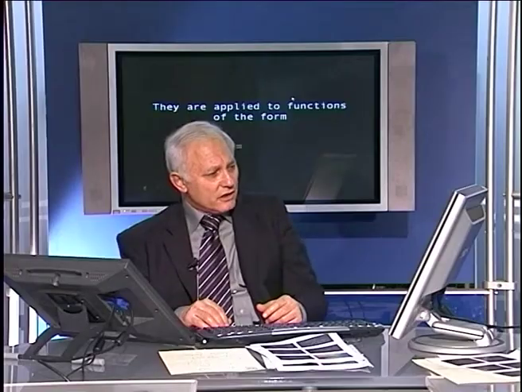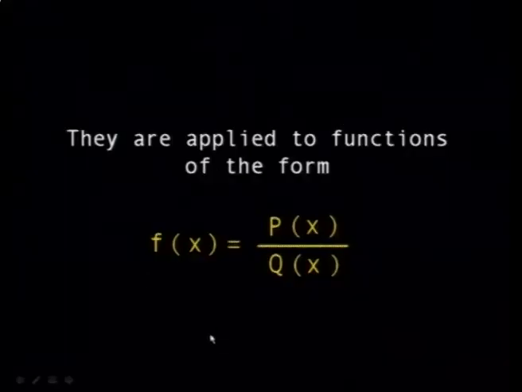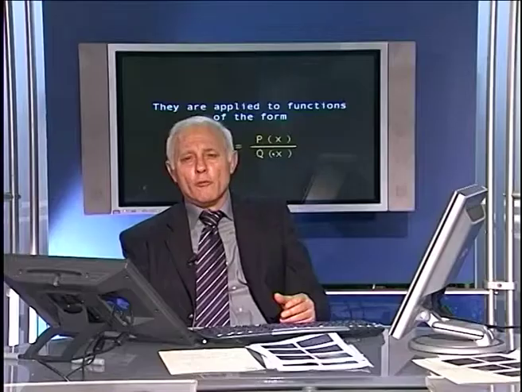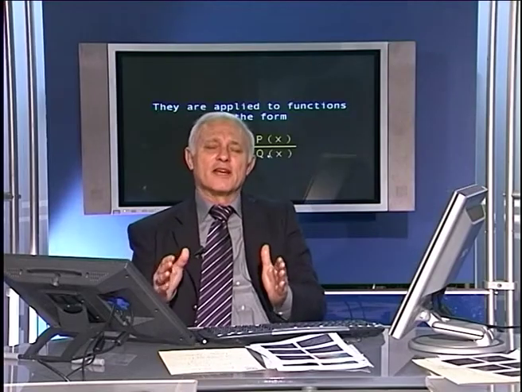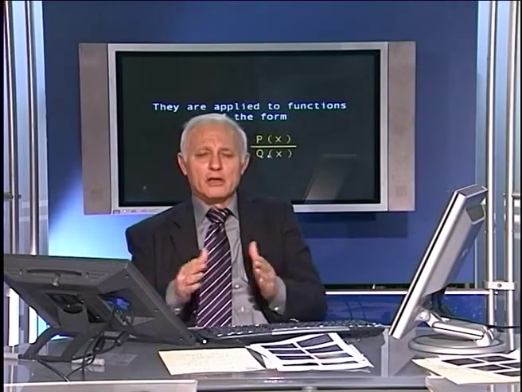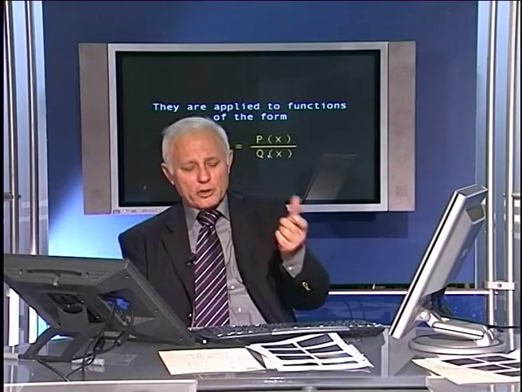So here, for example, you have a rational function of this form. Here P of x is a polynomial and Q of x is a polynomial too. And of course, the coefficients are all given. So what you do is decompose Q of x into a product of small order polynomials.